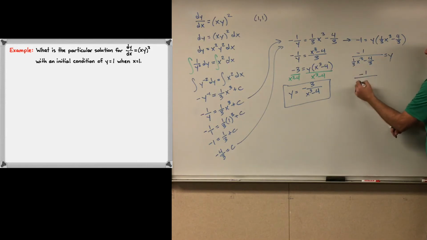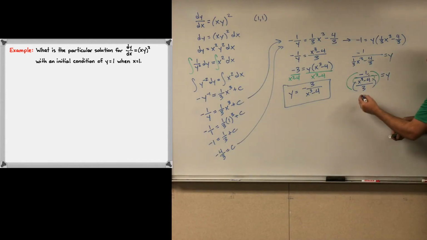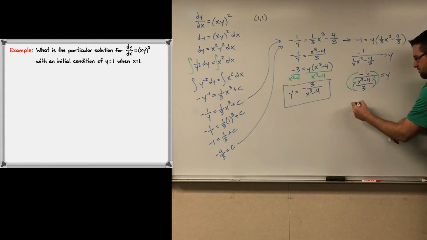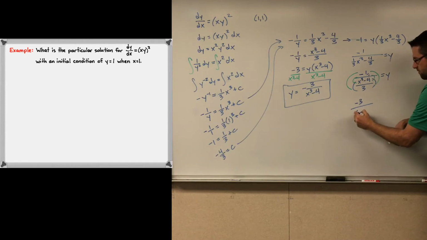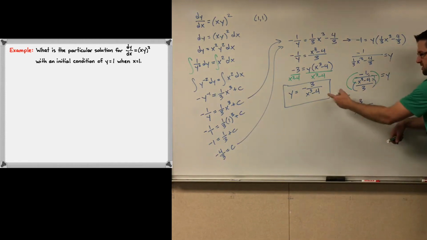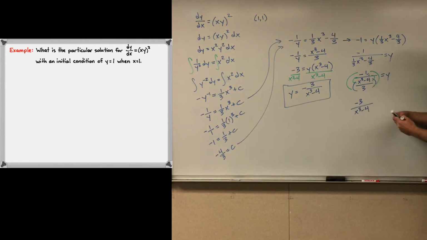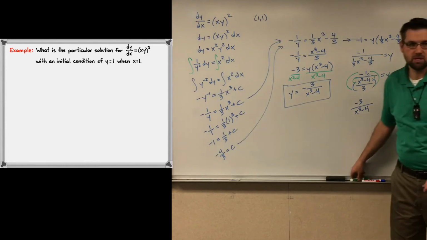Negative 1 over x cubed minus 4 over 3 equals y. And what's the donut? So the top goes with the bottom on top. Okay. And then the bottom goes with the top on the bottom. But it's the same thing, right? All right. Are we good with this?